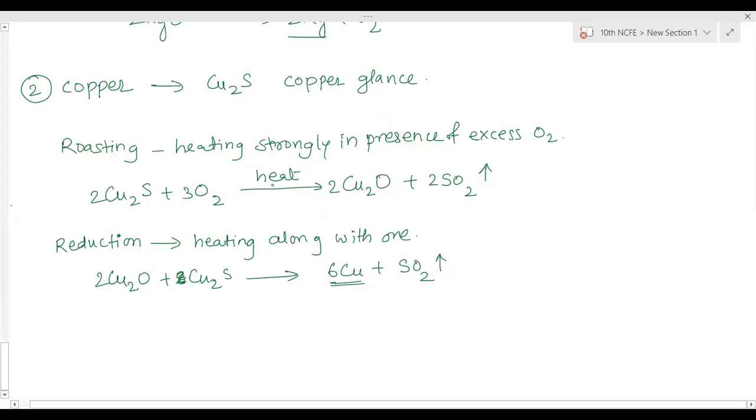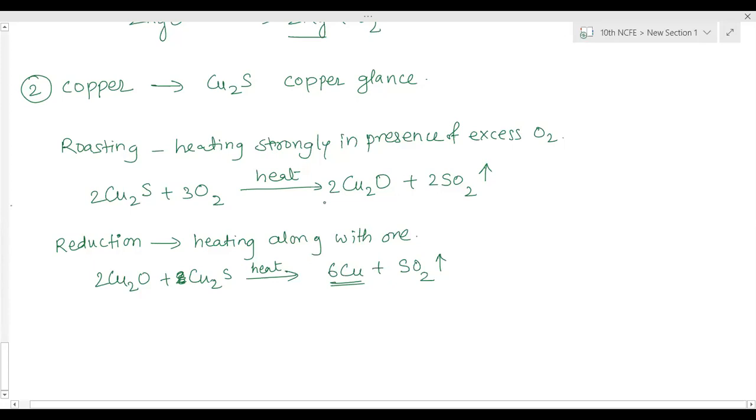Here also heat. Ma'am, if Cu2O again combines with Cu2S, then why is the reduction not done from the first? From where will you get the oxide? After forming the oxide, only that oxide is combining again with the ore, heating with the ore.